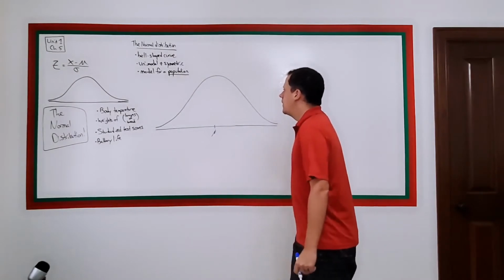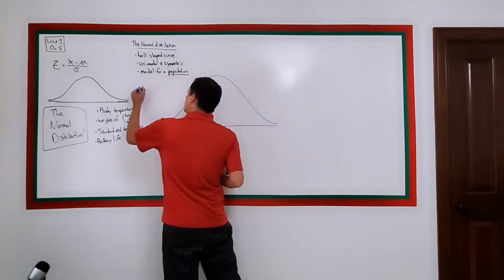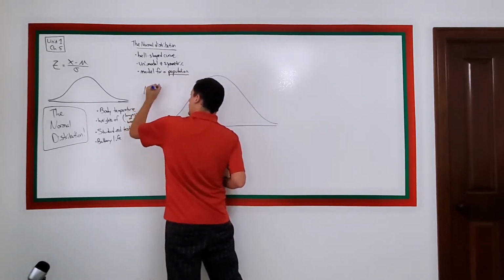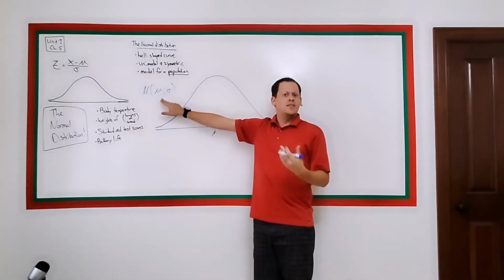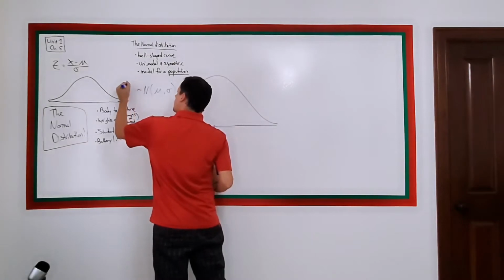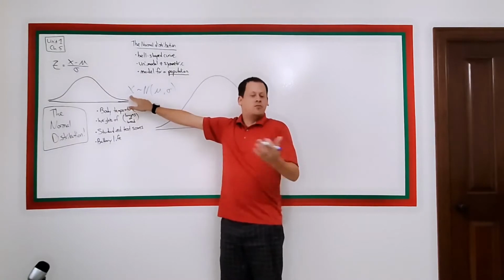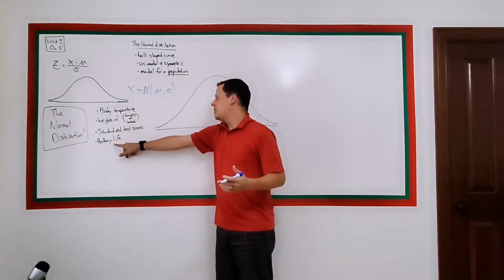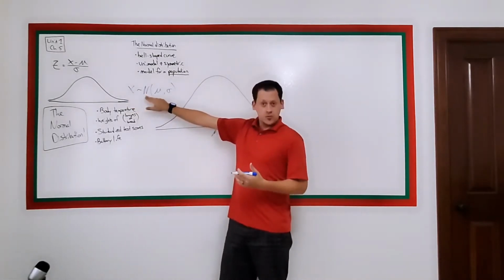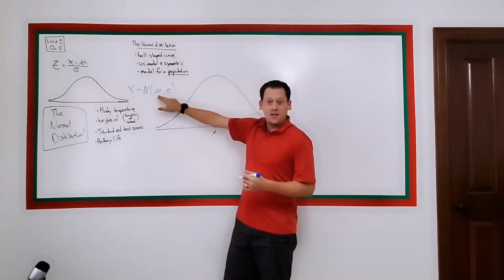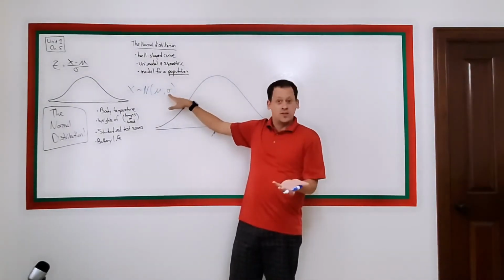Now, a variable that has a normal distribution, we say this is shorthand, right? We say that the variable x, whatever x is, whether it's body temperature, battery life, whatever the variable is, follows a normal distribution with a mean of mu, whatever that number is, and a standard deviation of whatever sigma is.